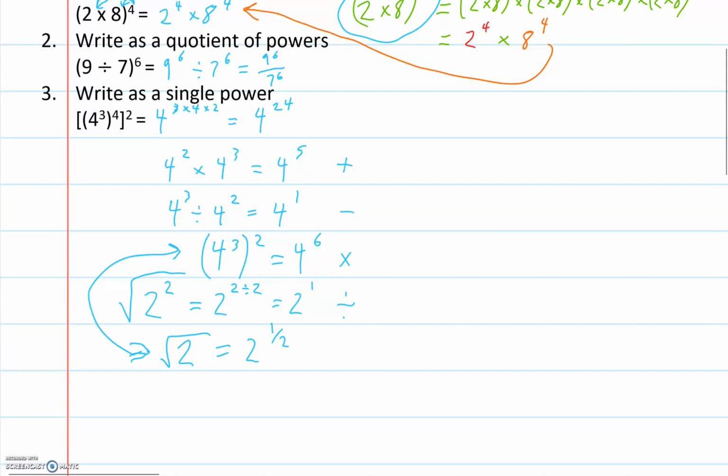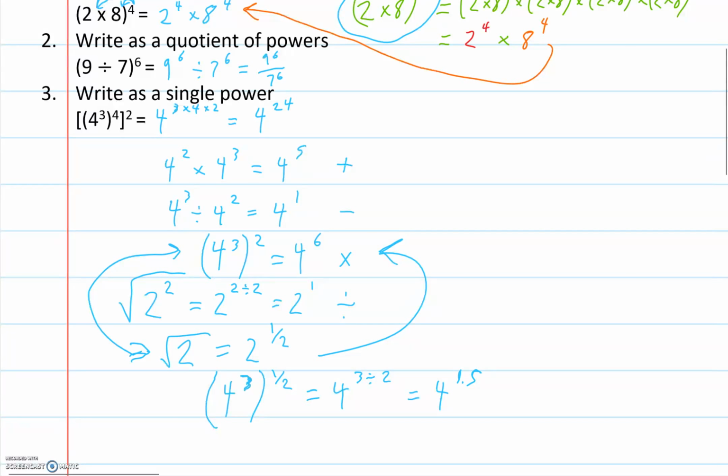If that's the same thing, then let's see if we can force it to fit this power rule: 4 to the 3, bracket to the 1/2. What does that equal? 4 to the 1.5. Maybe I'll make that more obvious: 3 divided by 2, 4 to the 1.5.